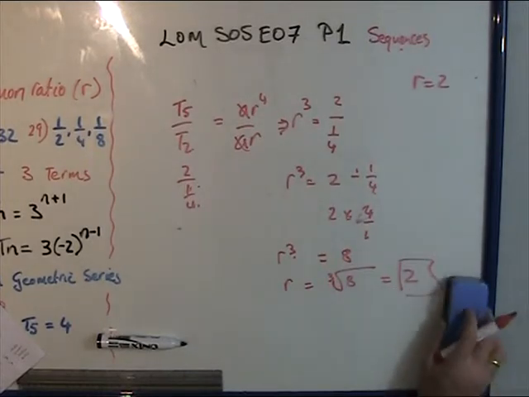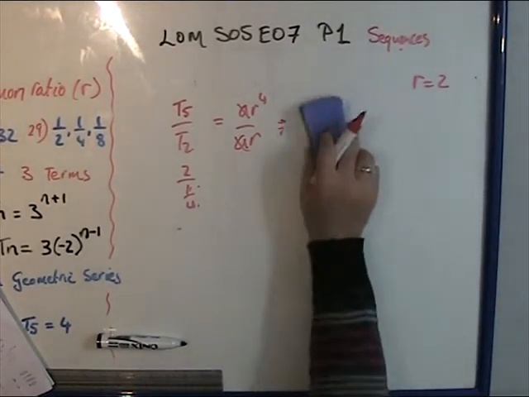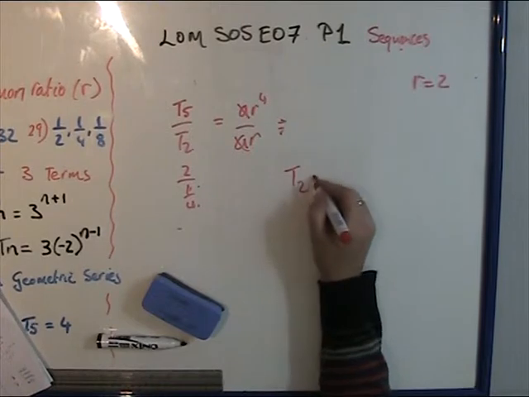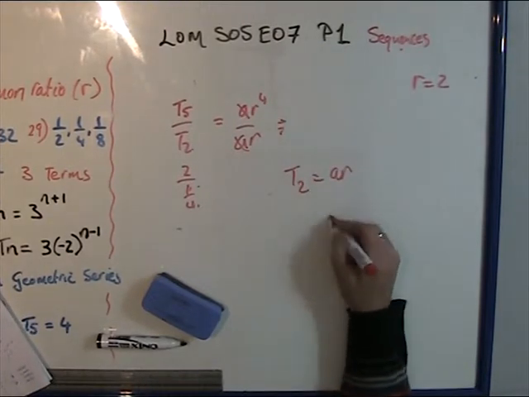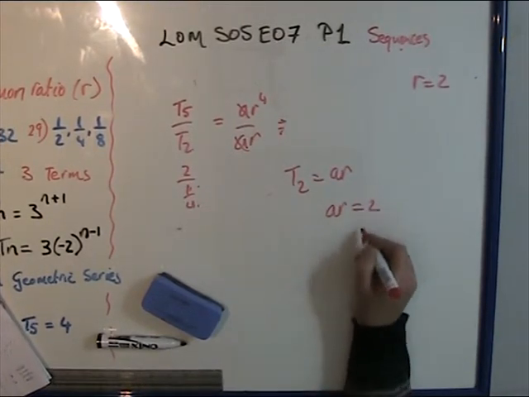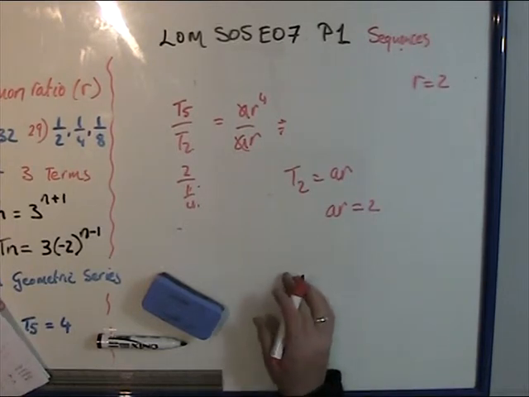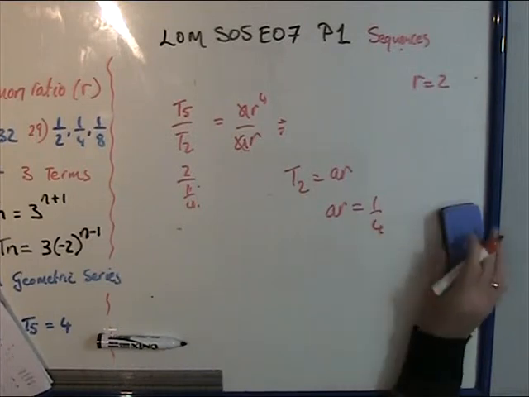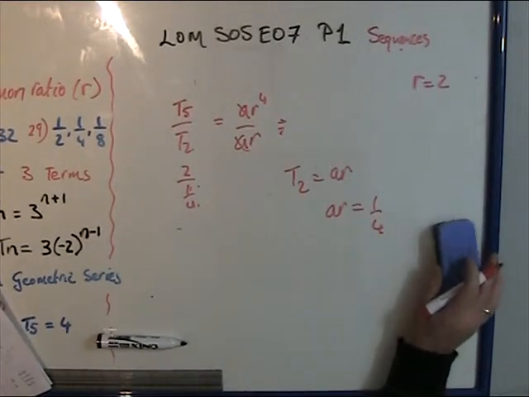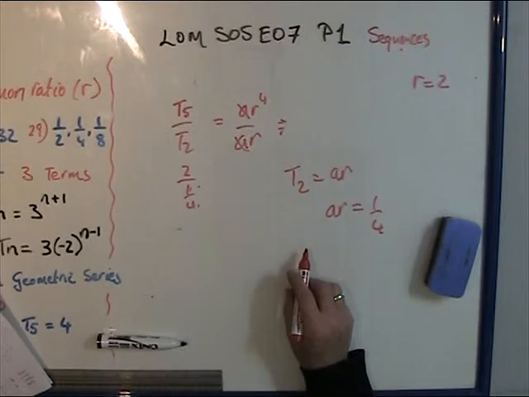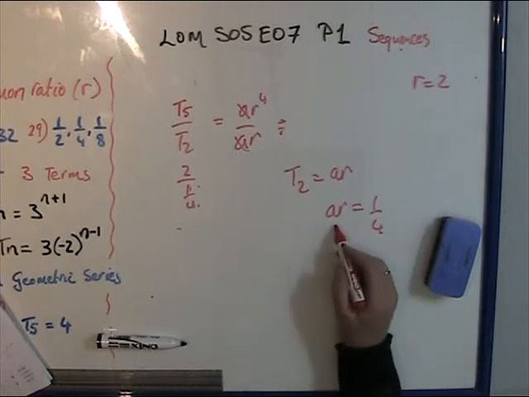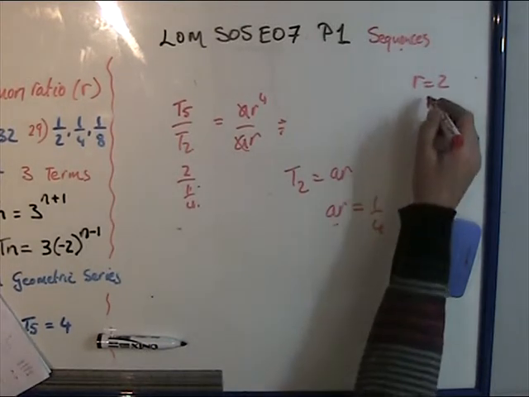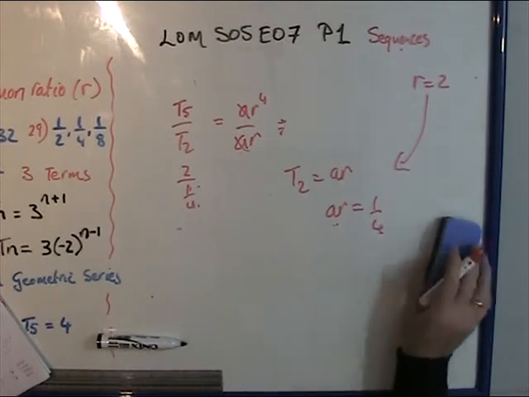So if R is equal to 2, and I know that T2 is equal to AR, and AR is equal to a quarter, because T2 was a quarter, I'm putting back in my values.